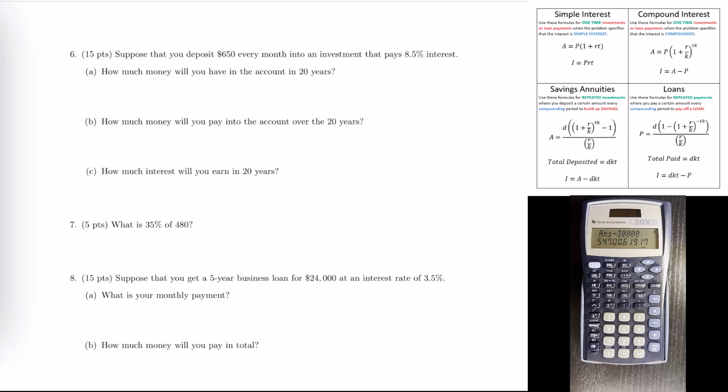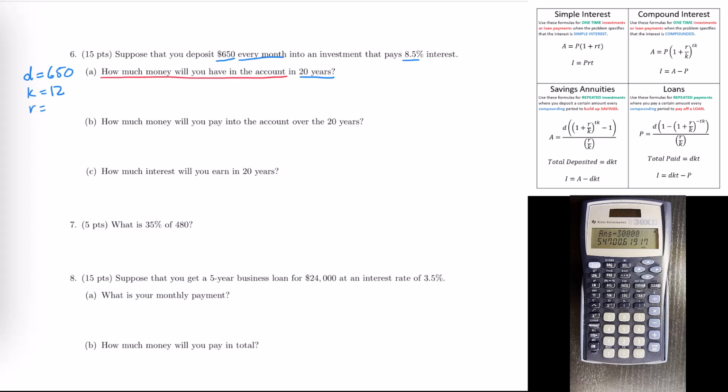On question 6, it says, suppose that you deposit $650 every month into an investment that pays 8.5% interest. The question is how much money will you have in the account in 20 years? If we identify our variables here, the $650 is being deposited every month, so that's the value of our variable D. The every month piece tells us that K equals 12, because if you make monthly deposits, that's also your compounding period.